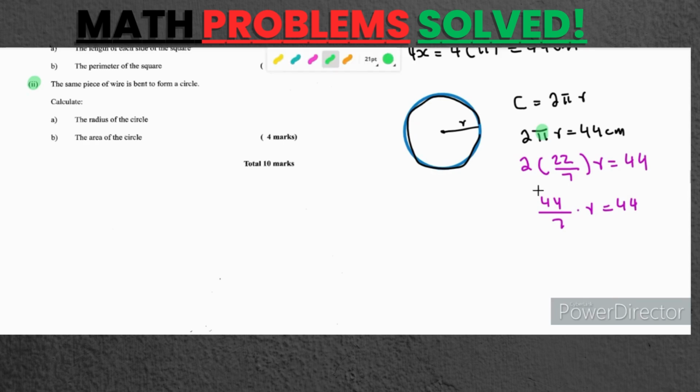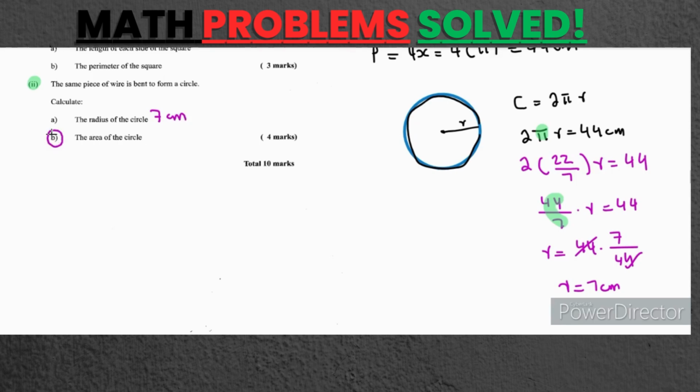When you move this 44 over 7 to the other side, it will be swapped. So r will be equal to 44 times 7 over 44. 44 and 44 cancel out, and r will be just 7 centimeters. So the radius of the circle is 7 centimeters, right?